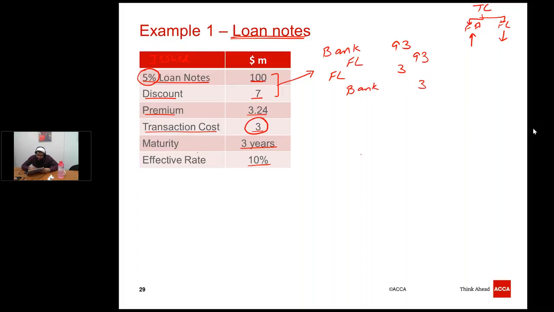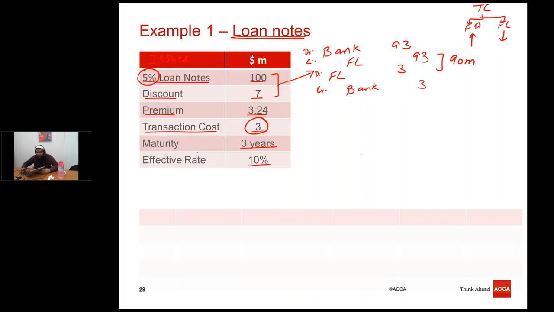So now the liability is at $90 million. Debit the bank and credit the financial liability for the amount we have received, and then debit the financial liability and credit the bank. So the amount we have paid, 3, will reduce the liability. Now the liability is $90 million.